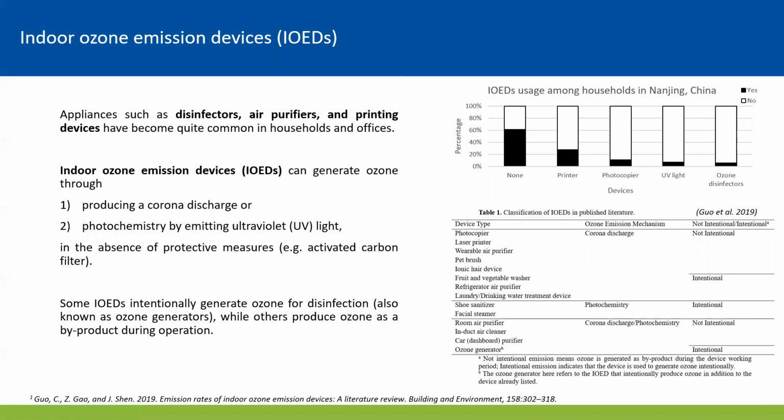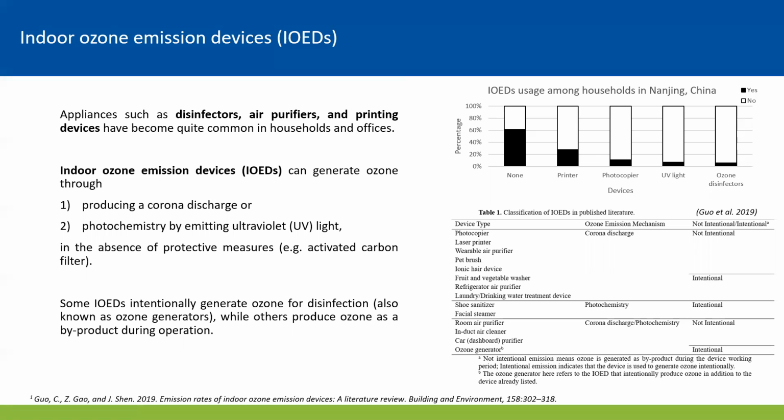Some ozone emission devices intentionally generate ozone and use ozone for disinfection. They are also known as ozone generators, while others do not intentionally generate ozone, but produce ozone as a byproduct during their operations.